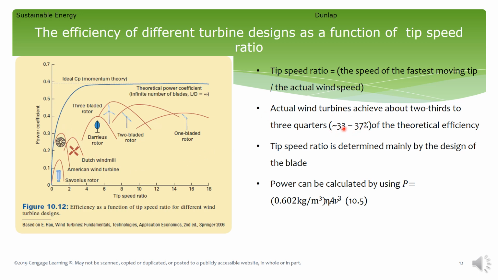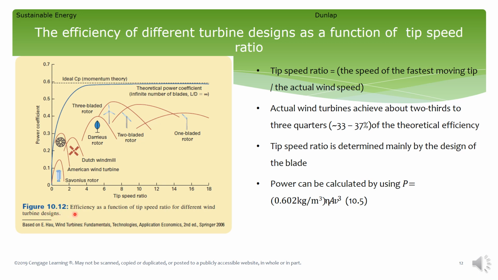33 to 37 percent. Tip speed ratio is determined mainly by the design of the blade. This line is the theoretical power coefficient, and this is the ideal Betz limit.